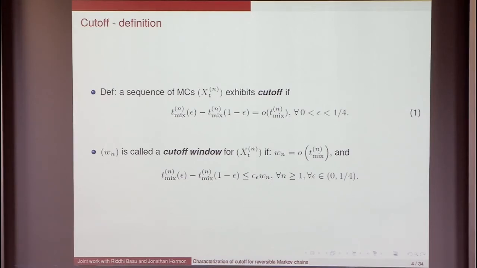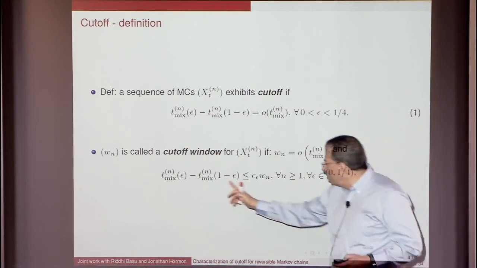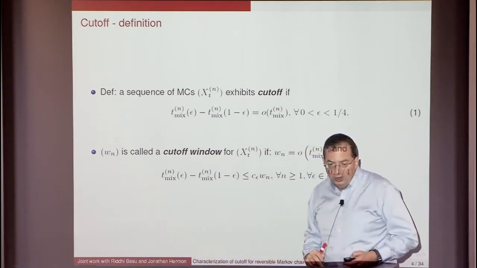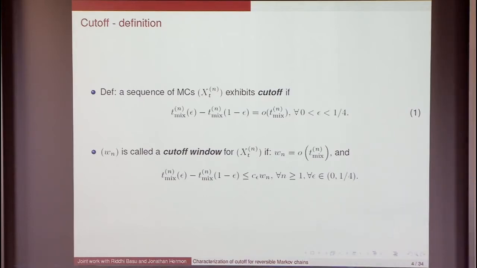But we want this difference to be little o of the variable, which really is equivalent to this picture of the total variation distance going down quickly. And more formally, you can capture how large this is by a window. So for the hypercube, the window is size n. That's what I told you. So when you vary epsilon, T mix of epsilon only changes by order n, as opposed to its order of n log n.